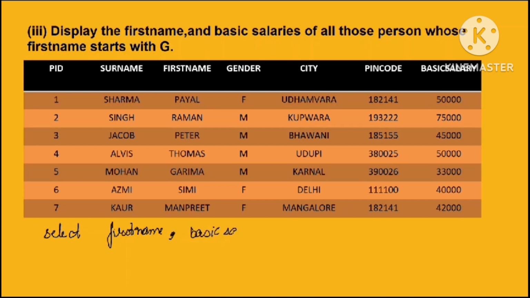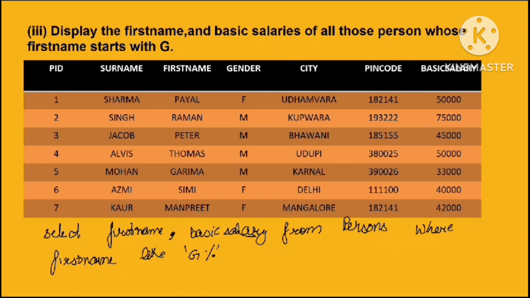Select first name, comma, basic salary from persons where first name like. Here you should use the like operator: like 'G%', that means the first name which is starting with G will be displayed. So the output will be Garima and 33,000.